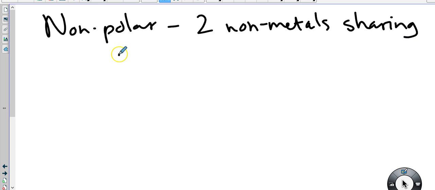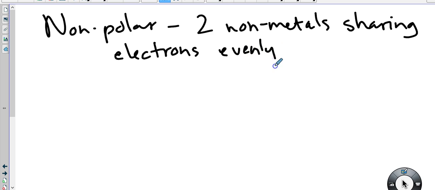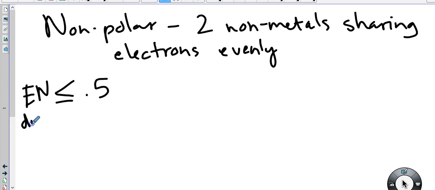Two nonmetals sharing electrons evenly, or mostly evenly. It doesn't have to be perfect. And so the electronegativity difference here is less than or equal to 0.5. Not just electronegativity, but the difference.